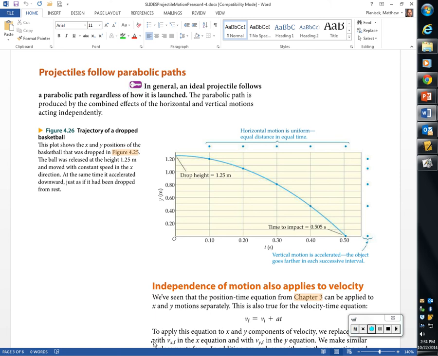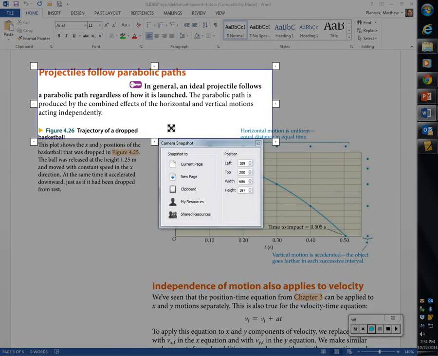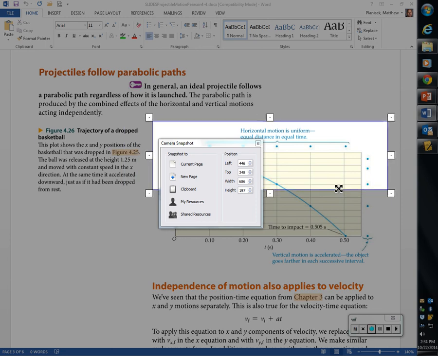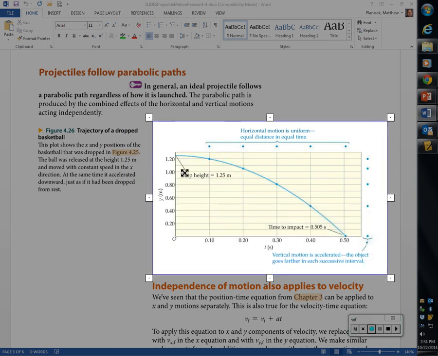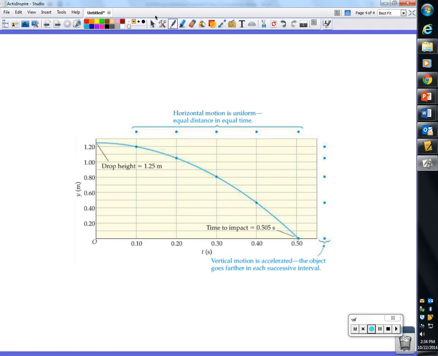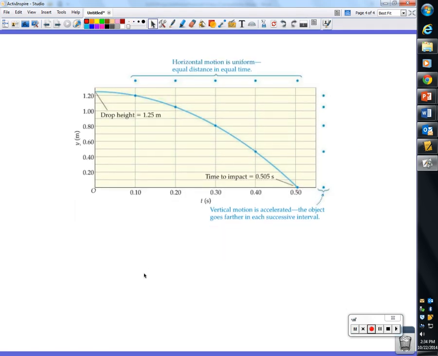Here, let me do this. Like it says here, right? Horizontal motion is uniform, equal distance in time. But if we looked at the vertical positions, they keep getting farther and farther apart because it's accelerated. The curvature of this parabola really depends on how these things are spaced out.